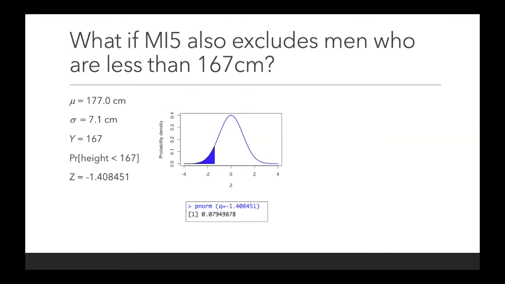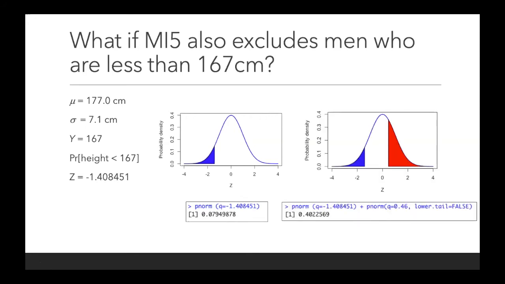Now, what if we combined these together and we tried to determine what proportion of British men would be excluded by these two height thresholds, both the upper threshold and the lower threshold? Well, to do this, we would need to calculate the probability of being taller than 180.3 centimeters, together with the probability of being shorter than 167 centimeters.